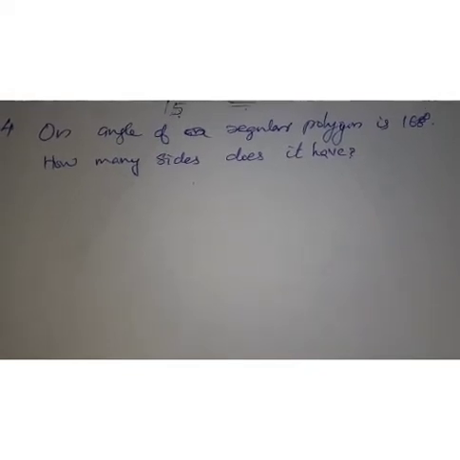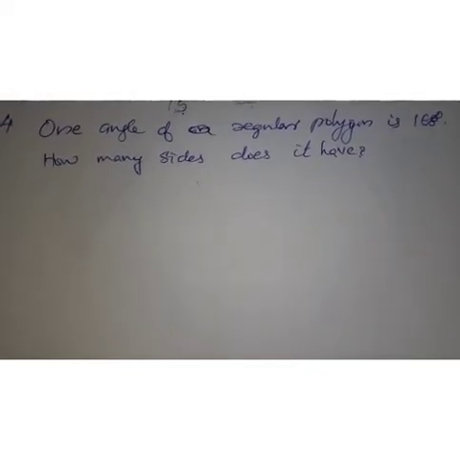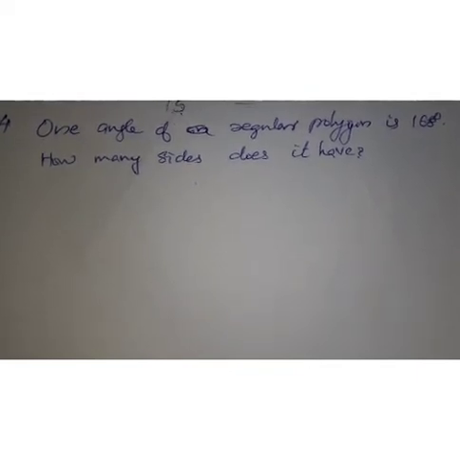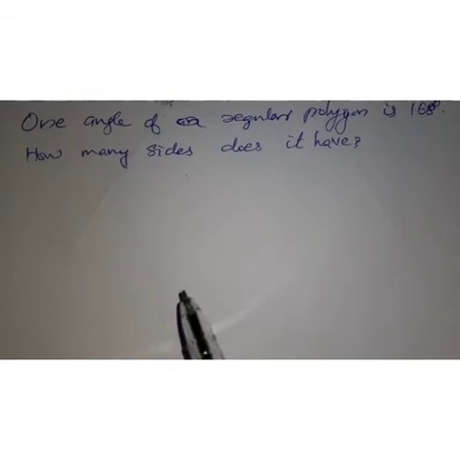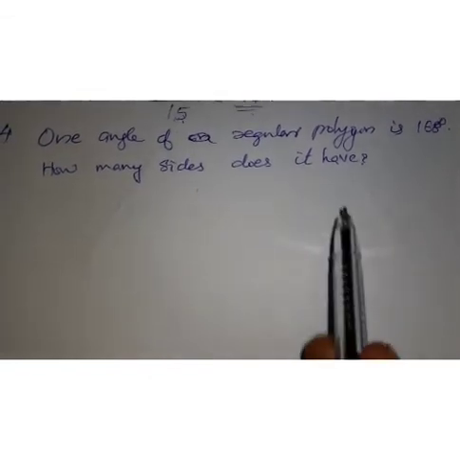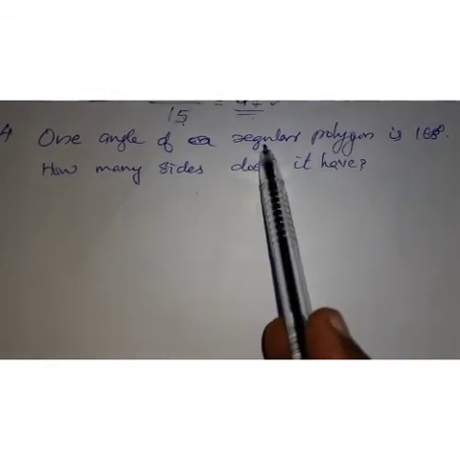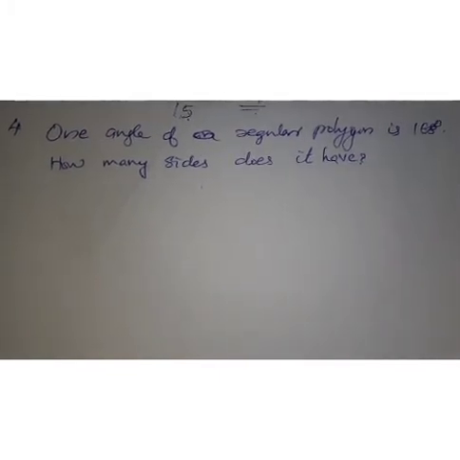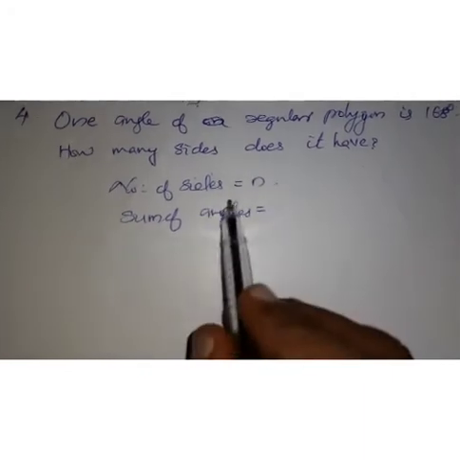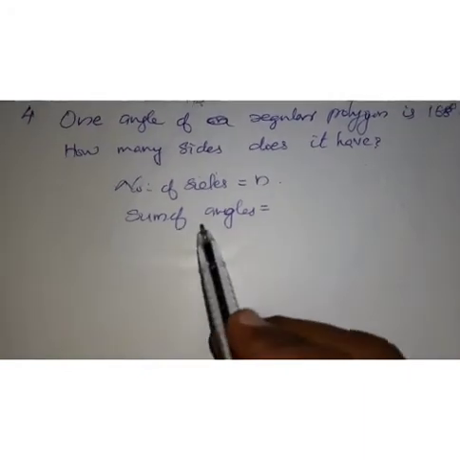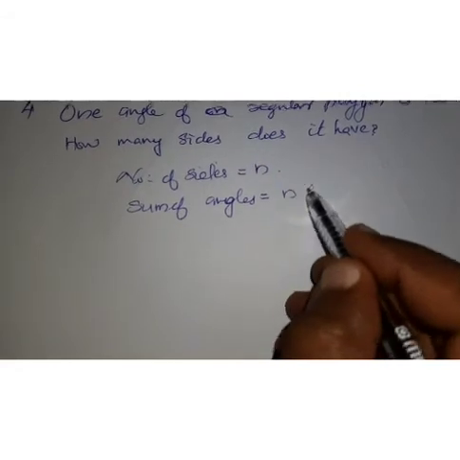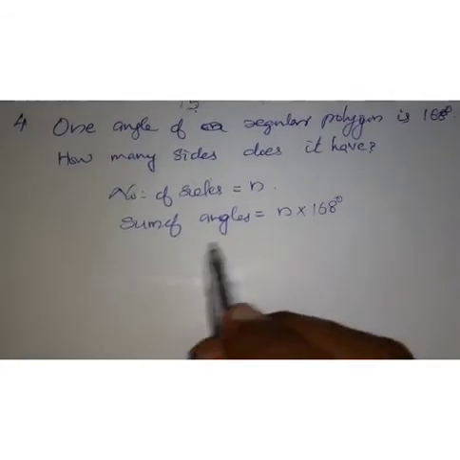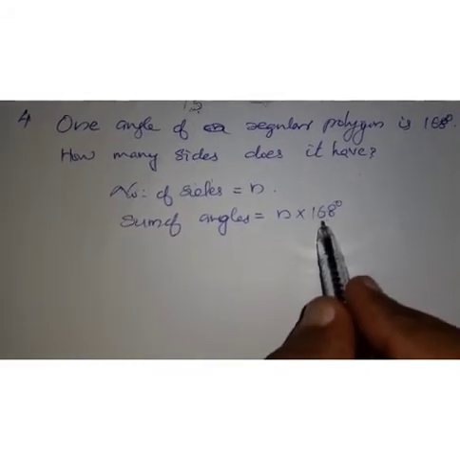Next question. One angle of a regular polygon is 168 degree. How many sides does it have? One angle is given. Regular polygon, one angle is given 168. You have to find out the number of sides. Number of sides we are taking as n. So the sum of all angles is n into 168.